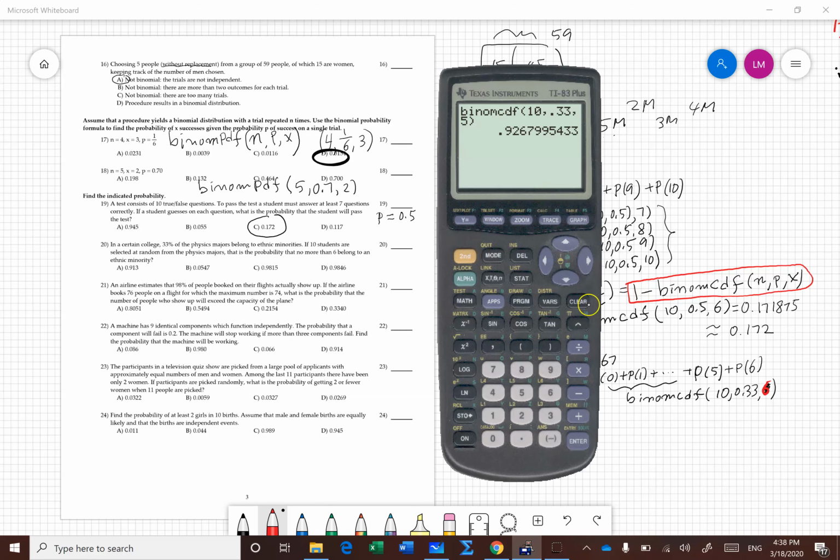So clear, and then second bars, go to binom CDF, and then we put 10, comma, 0.33, comma, 6.